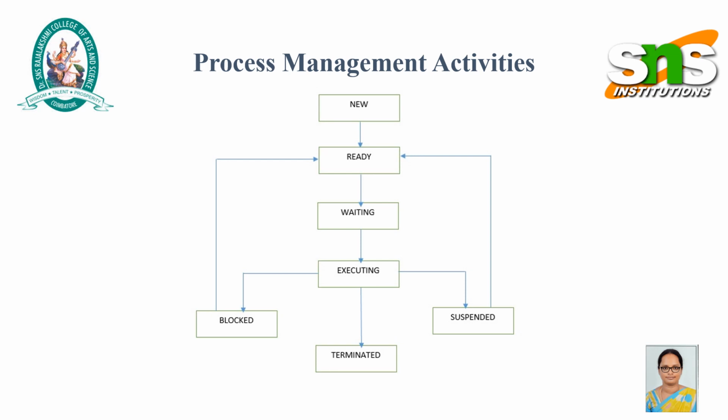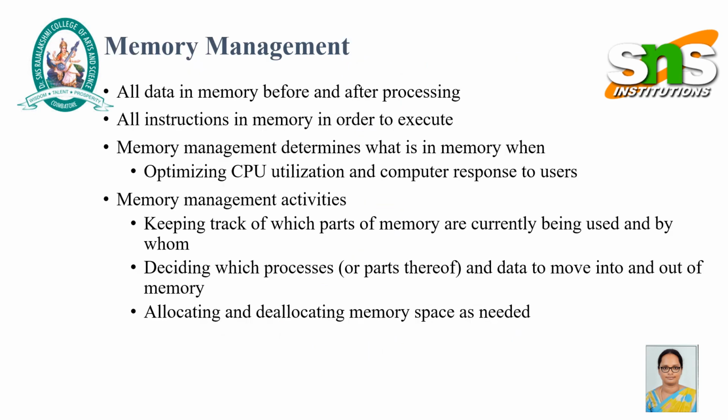So here the pictorial representation of process management activities is given. First is new, then ready. In the ready state, we check whether it is suspended or blocked, and after that it goes to a waiting state, and then it goes for executing, then it terminates the process or activity.